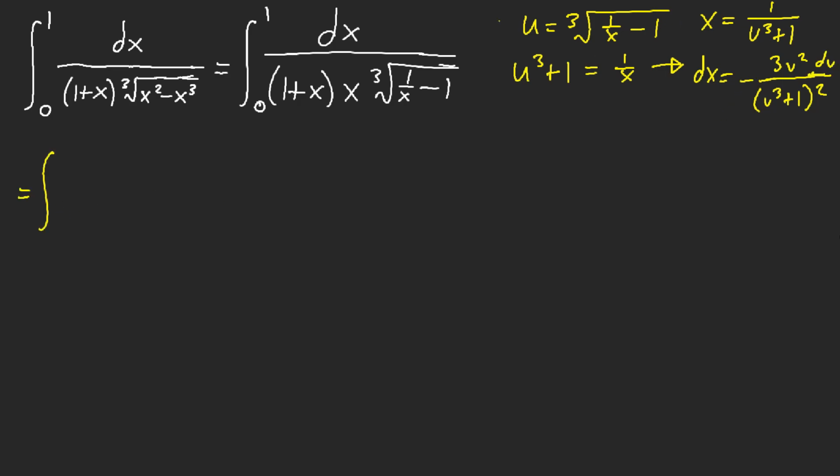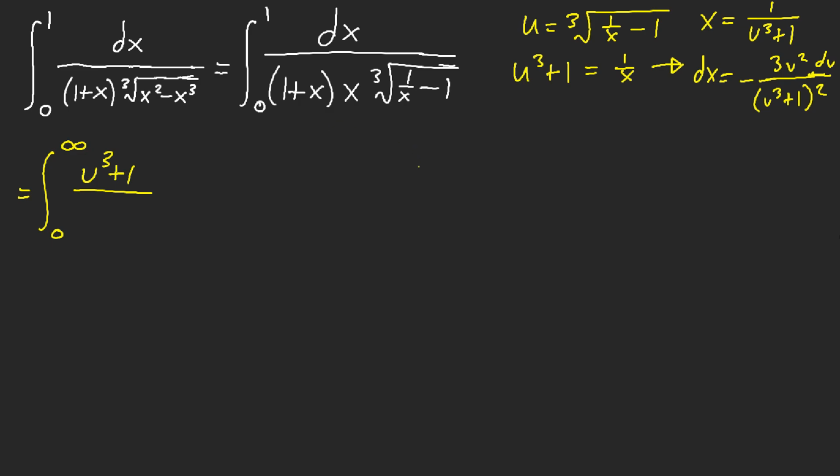Oh well, that negative is going to take care of the balance for us. So infinity here. Plug in 1, we get 0. Okay, cool. We have x here, which is equal to u cubed plus 1.